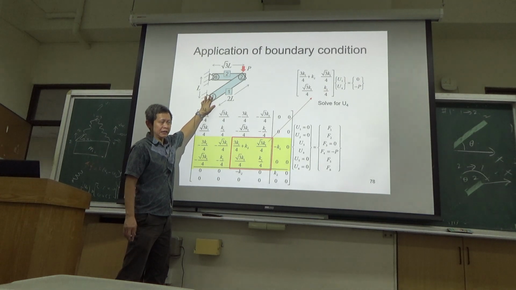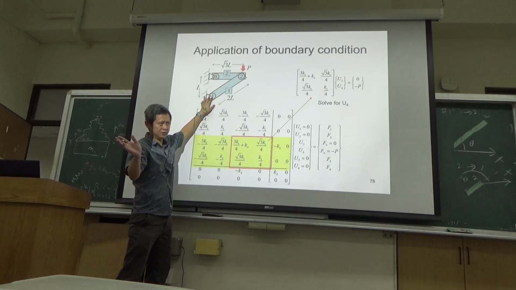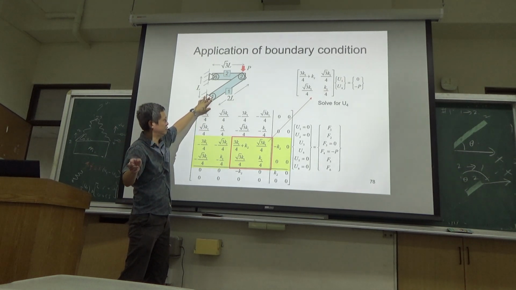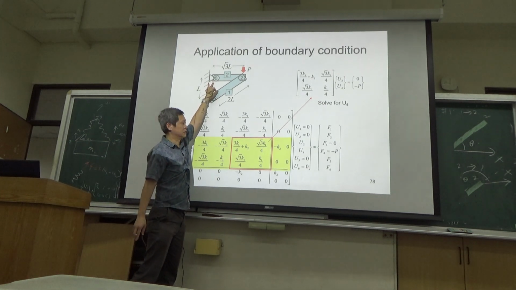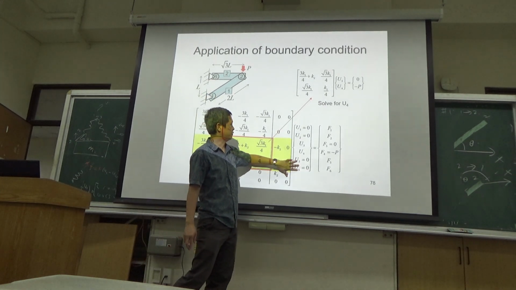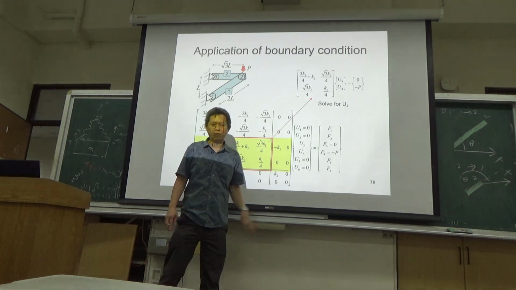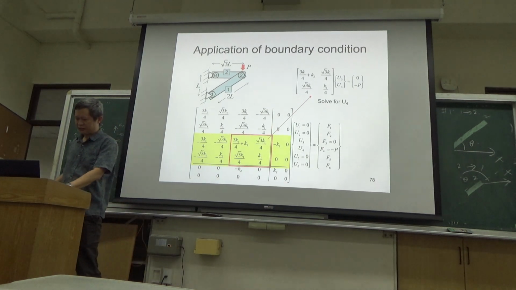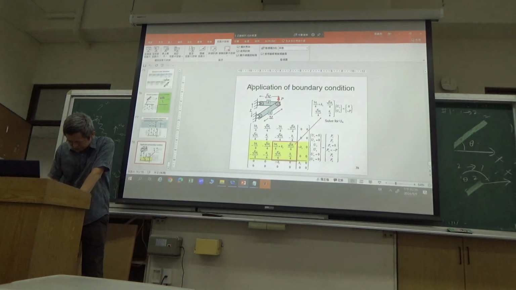Node 1 is anchored, no displacement, U1, U2 are 0. Node 3 is also anchored, U5, U6 are 0. Only node 2 is free, with 3, 4. So if you are doing this in an examination, what should you do?